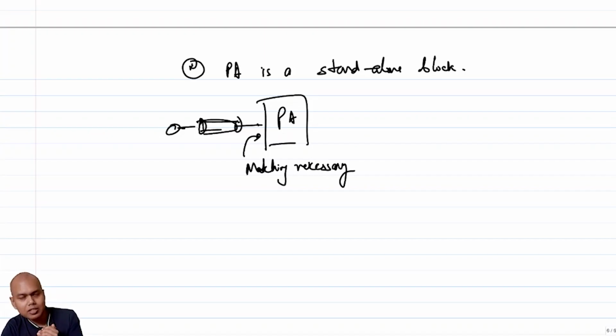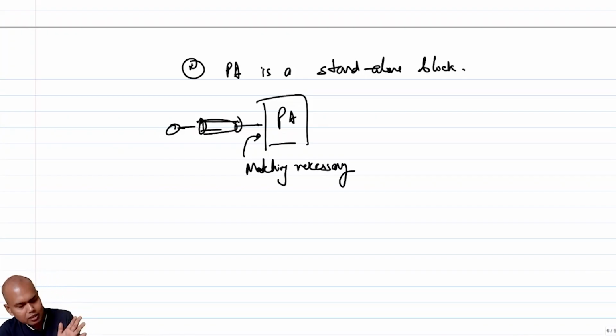So what is generally done is the PA is physically placed very close to the antenna. It's not necessary that the rest of the transceiver needs to be placed close to the antenna. So in that case, often the entire transceiver chain is broken down into everything but the PA, and then maybe a pre-power amplifier and a PA, but they are somewhere down the signal chain, and the PA is placed strategically close to the antenna, right?